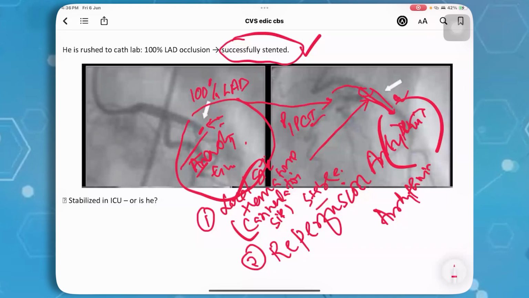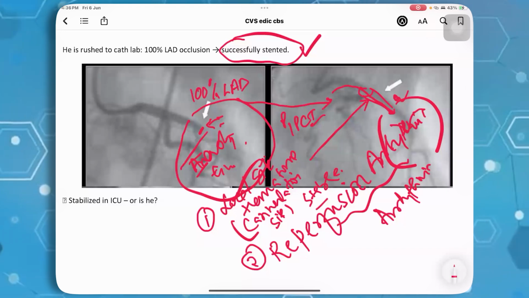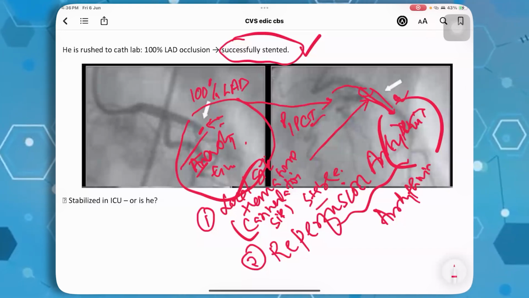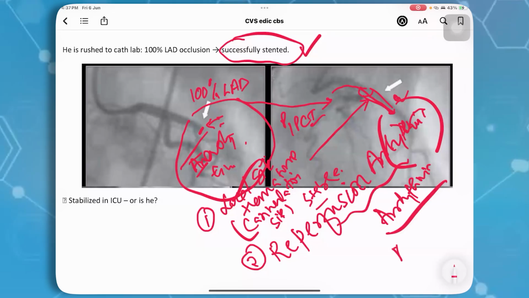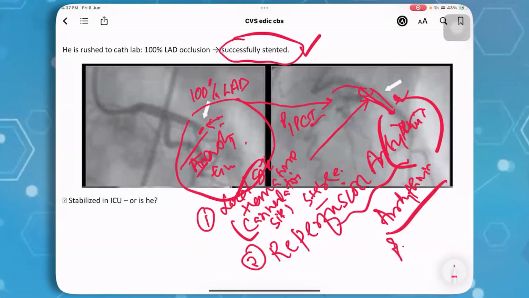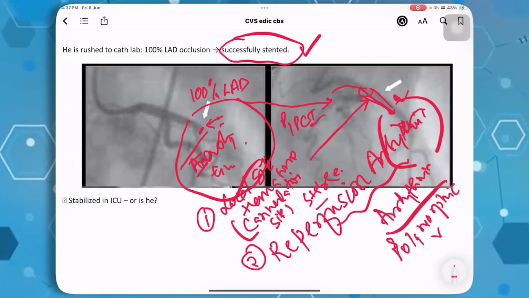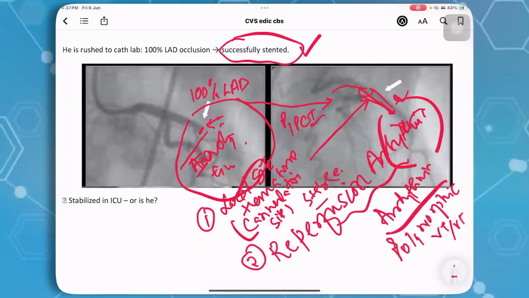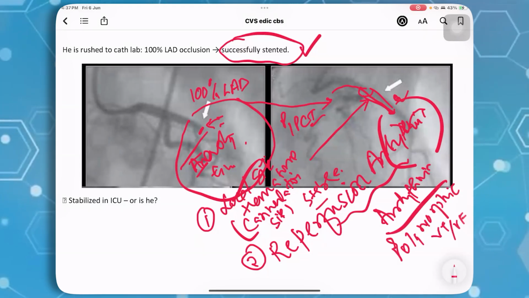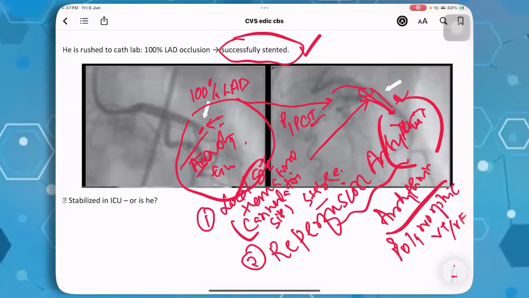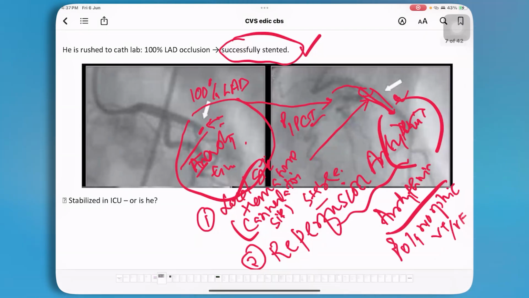And in a case of anterior wall STEMI, the worst arrhythmia to have is, anyone? Polymorphic VT or ventricular fibrillation. Because this can literally undo everything that you have done.